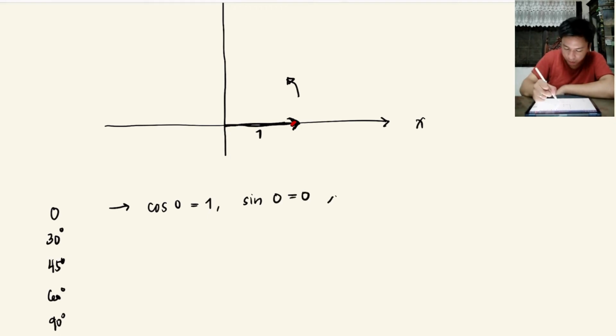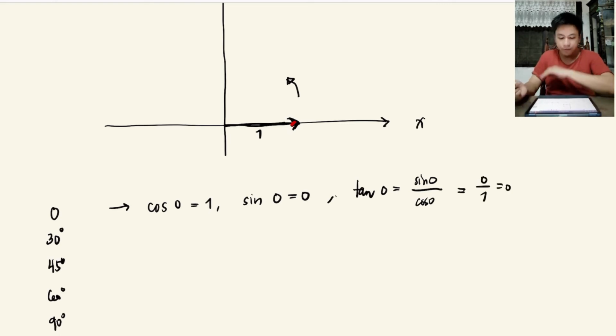And so, remember that our tangent, as discussed in the previous video, tangent of 0 is the same as sine of 0 over cosine of 0. Then that's the same as 0 over 1, or 0. And then, we can solve the other 3, but I will just leave it up to you. You can comment down there for your answers if you want.